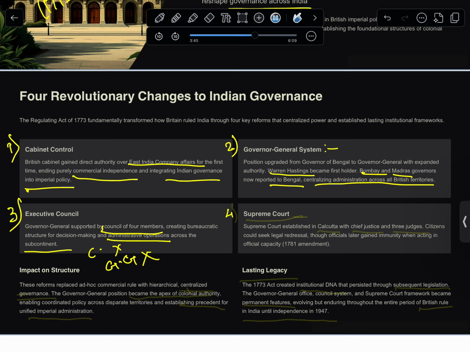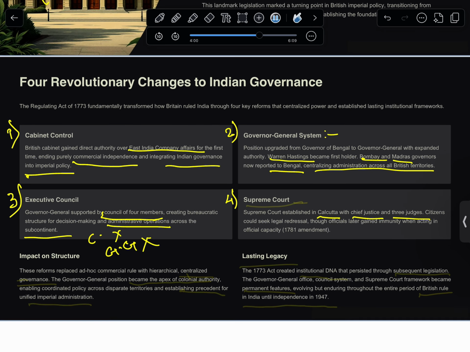The fourth one is the Supreme Court. The Supreme Court was established in Calcutta, consisting of one Chief Justice and three judges. All citizens could seek legal redressal through this institution. But there were also some conflicts arising from this revolutionary change.